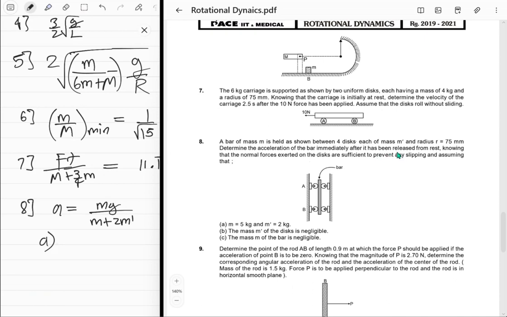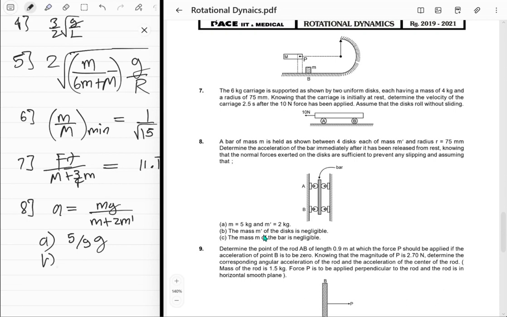Radius once again wasn't really required. So mass given, m and m dash, if these are these things, this will just be equal to 5 upon 5 plus 4, which is 5 ninths of g. I'm going to leave it like that.